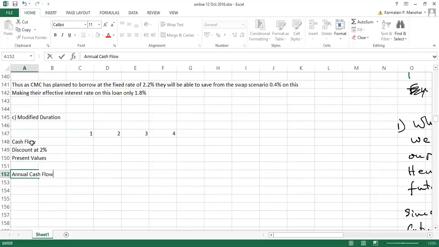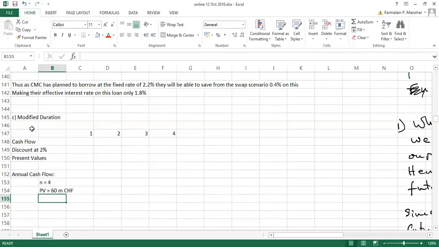Which is equivalent to, if we have 4 years, N equals 4, and our present value from the question, PV, equals 60 million CHF, and then we have N equals 4, our IY, interest, equals 2%. So with that, we could find the annual payment.